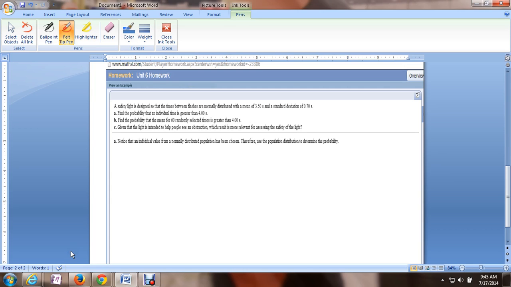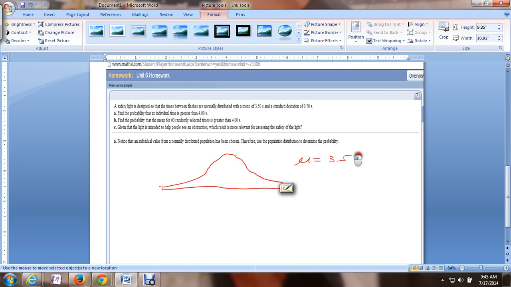In the beginning, that's really all we need to know, because based on that one sentence we can just sketch a normal curve. The mean, mu, is 3.5 seconds, and the standard deviation is 0.7 seconds.